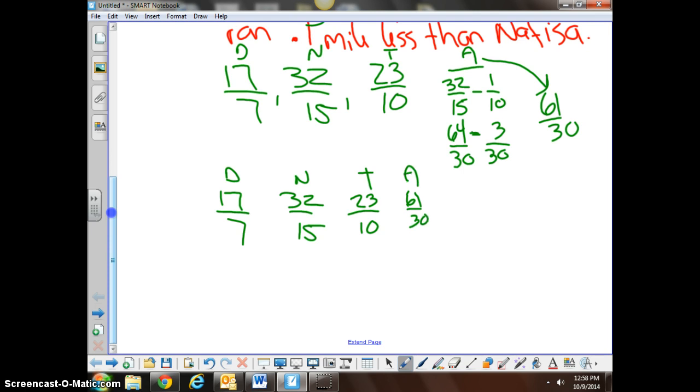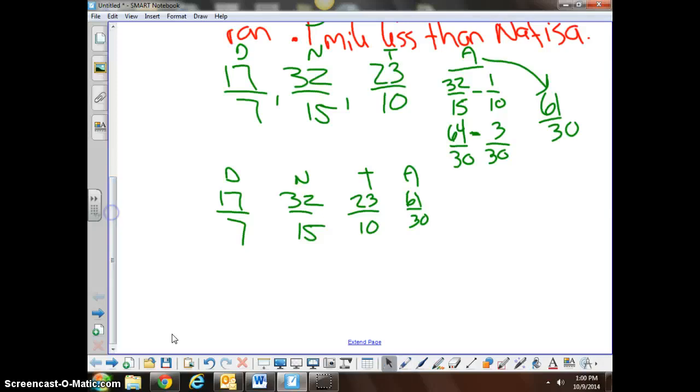Got it? Common multiple for 7, 15, 10, and 30. What is the LCM for all 4 of those? Do we have one? No. Let's find one. There's got to be one there.